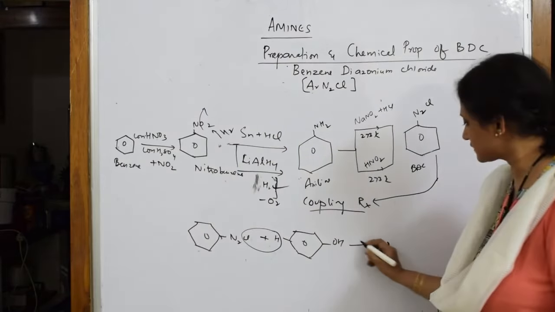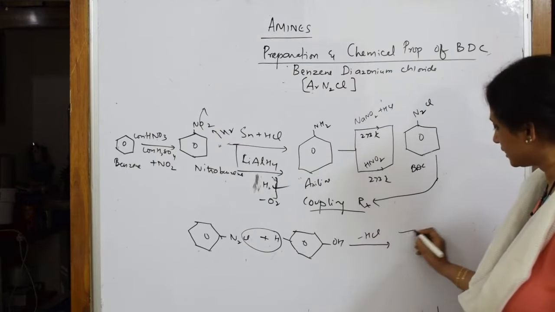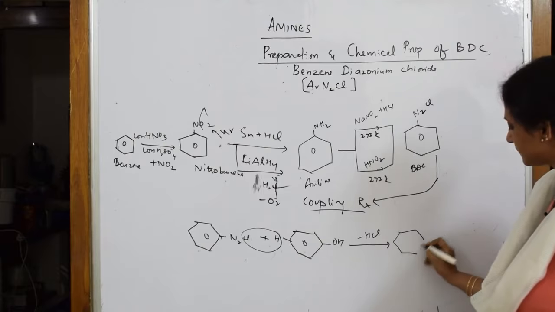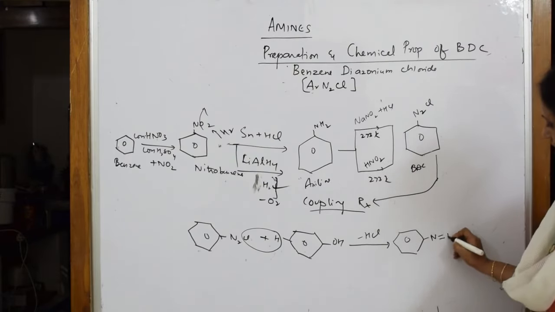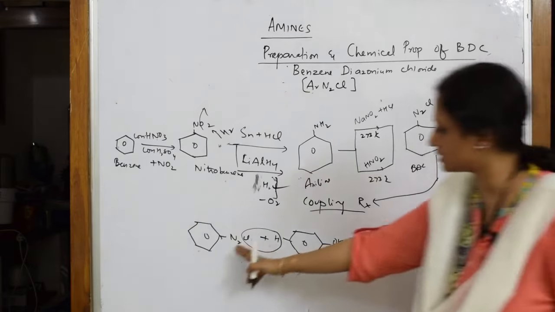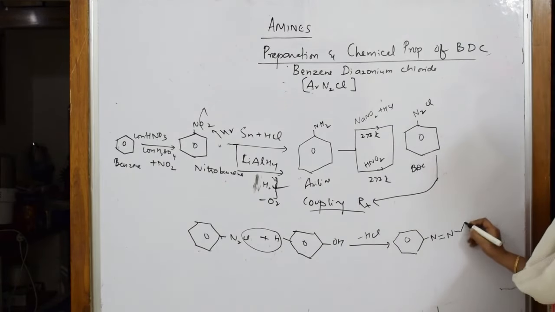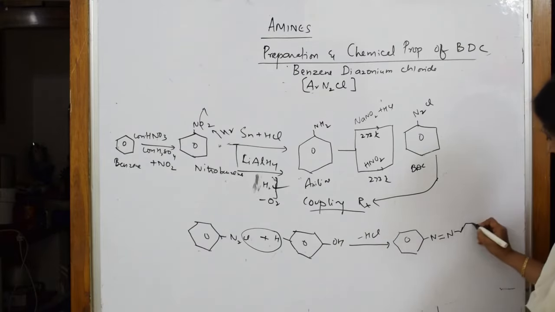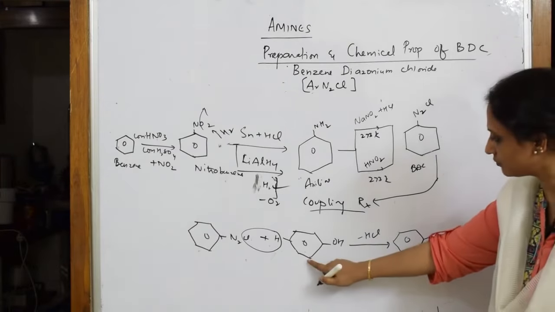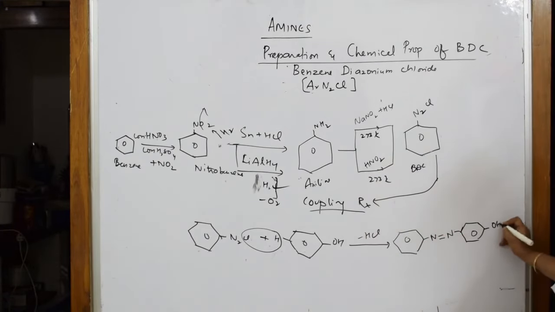When HCl is lost, what product do you get? You get a benzene ring here, one nitrogen double bond, this is very important, azo group linked with one more benzene, this one with your OH in the para position.